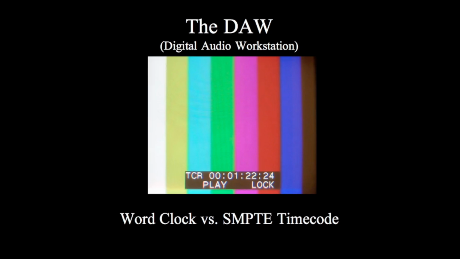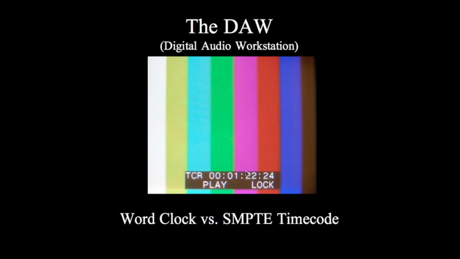So SMPTE is usually at 24 frames per second. That's how fast film traditionally goes. So here, I don't know how familiar this image is to some of you, but definitely for those of you who grew up with a lot of television, this image should be really familiar to you.